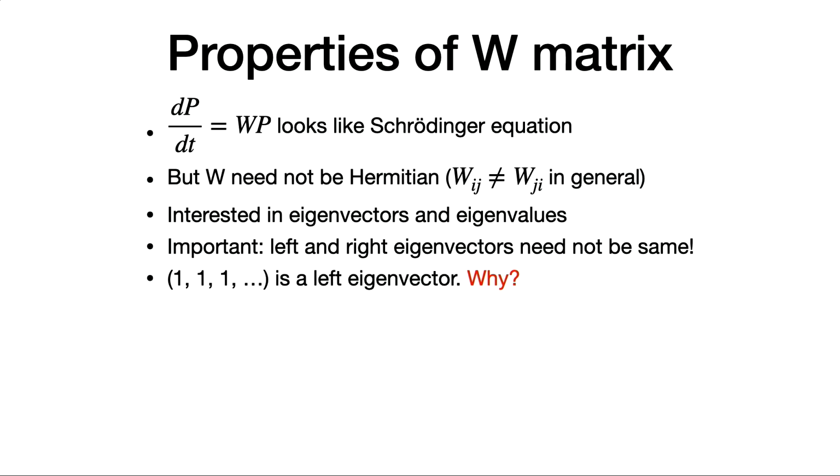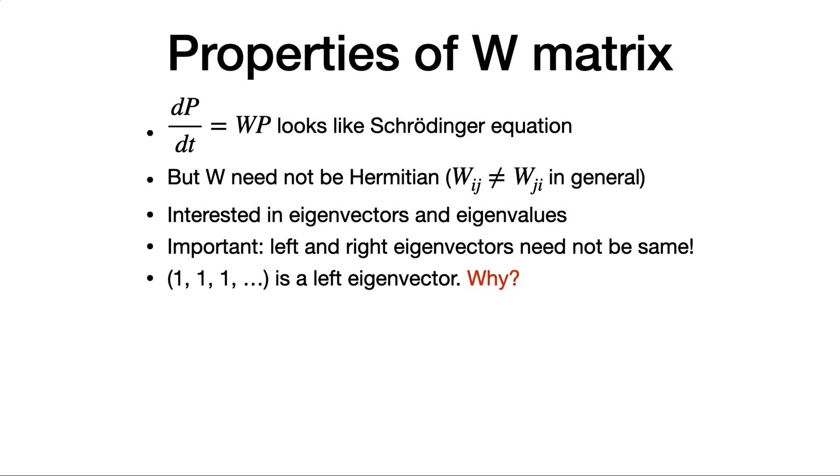So first statement, if I take 1, 1, 1, 1, that is a left eigenvector. Why? What is the property of an eigenvector? When I multiply that with the matrix, I should get back the same vector times a number. Is it an eigenvector? Why is it an eigenvector?